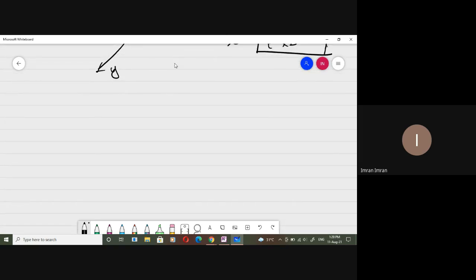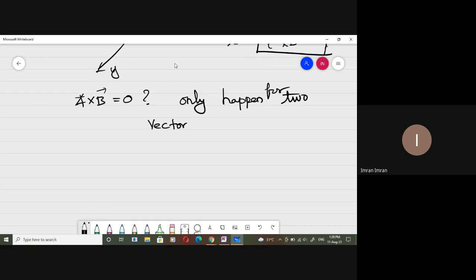Now, the cross product of two vectors is 0 only when the two vectors are parallel.